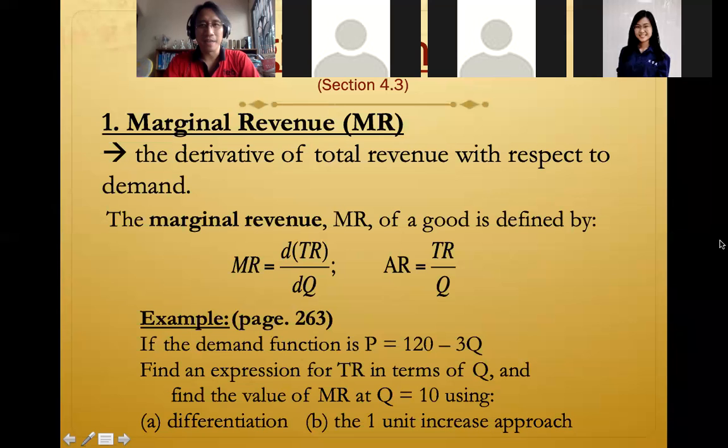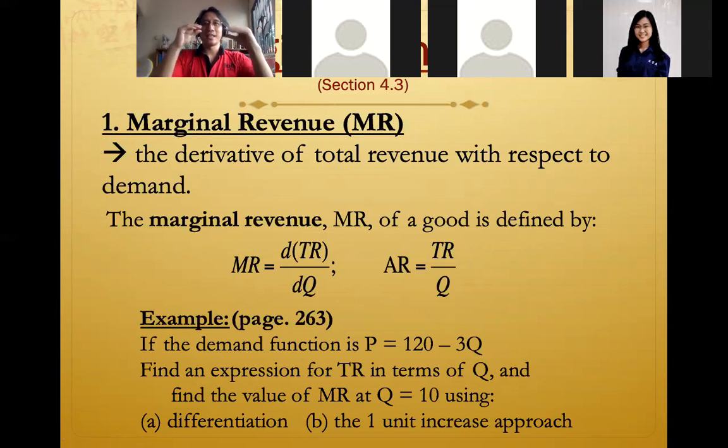The first application talks about the marginal, or when we are going to find some changes because of the other variable that change. Like the previous tutorial, we learned about the rules of differentiation.